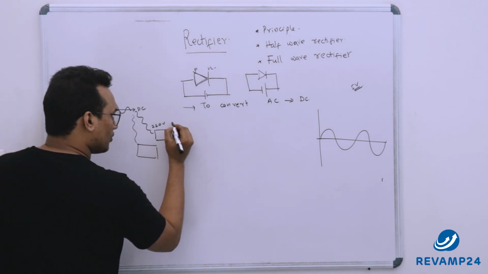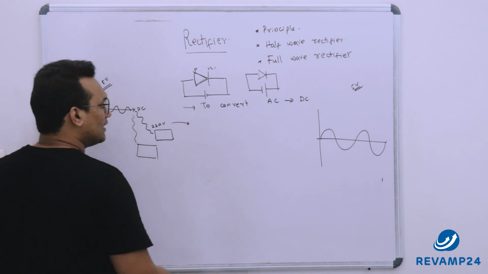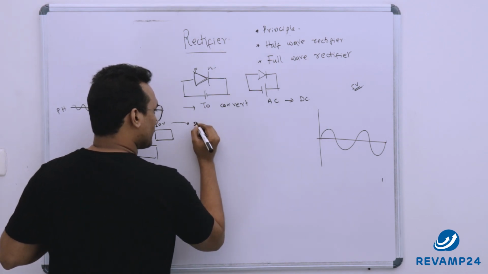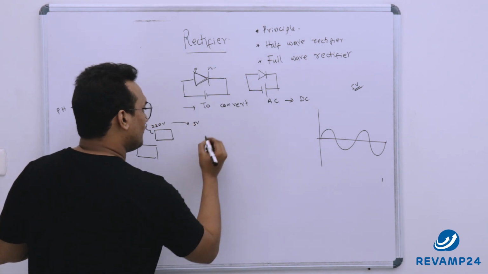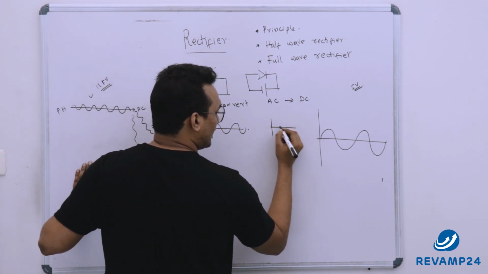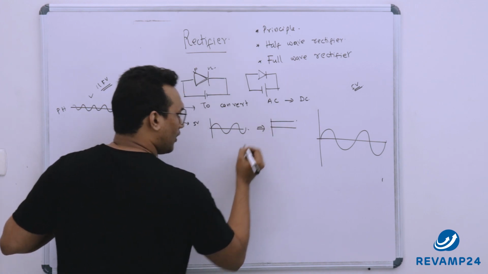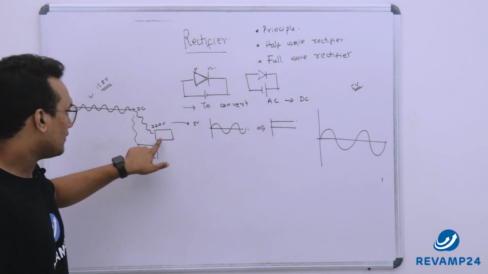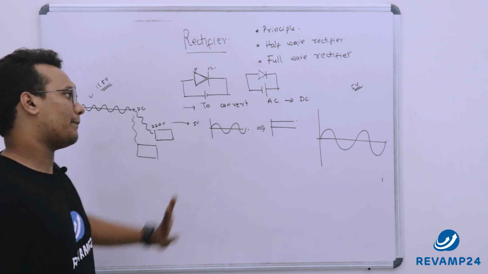Now this 220 volt has to be first stepped down to 5 volt AC. Then the 5 volt AC has to be converted into DC. Now you may ask, why does the stepping down have to happen initially?